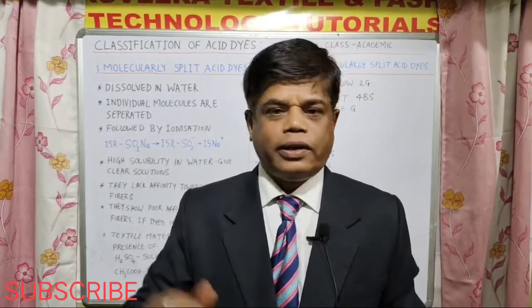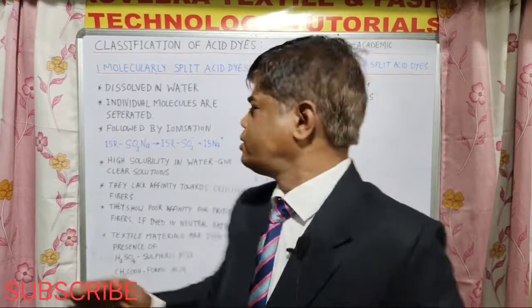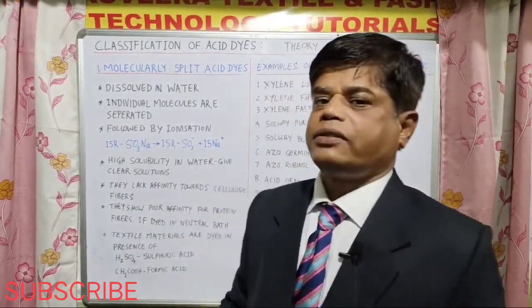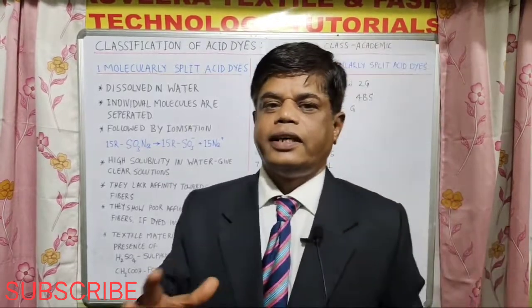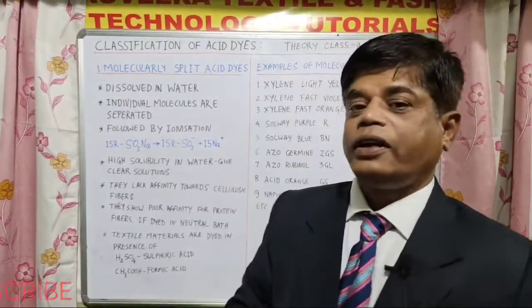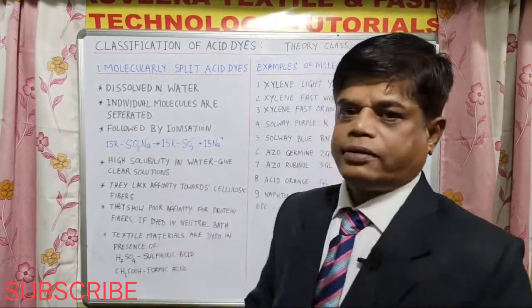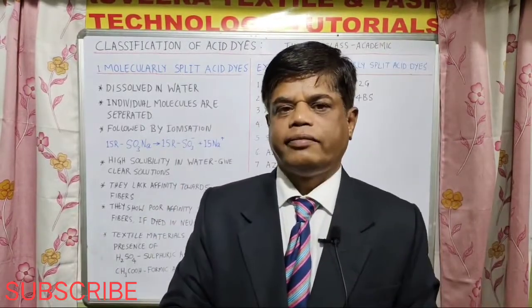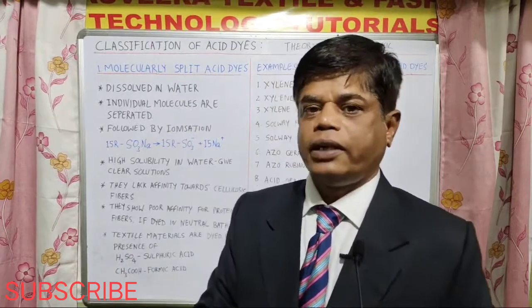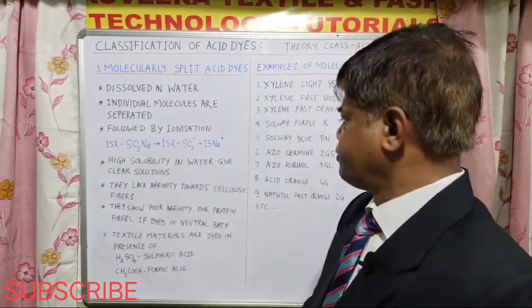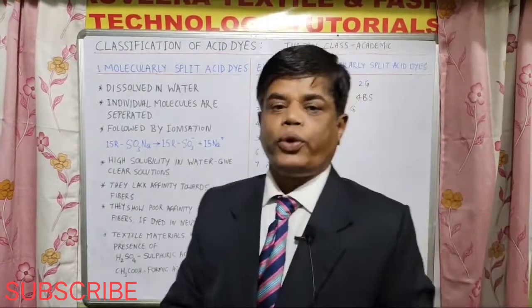Sometimes I heard acid dye is also used for natural fibers, but chances are very low. They lack affinity towards cellulosic fibers, because cellulose is not attracted by acid dyes, but protein fibers are.